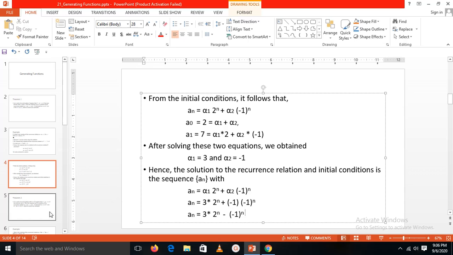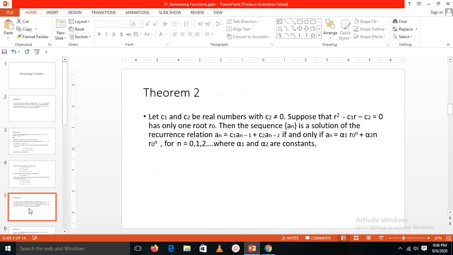Now see the second theorem. Let C1 and C2 be real numbers with C2 not equal to 0. Suppose that r squared minus C1 r minus C2 equals 0 has only one root. This second theorem is similar to theorem 1, but the difference is here: in the first theorem there are two roots r1 and r2, but in the second theorem there is only one root, r0.